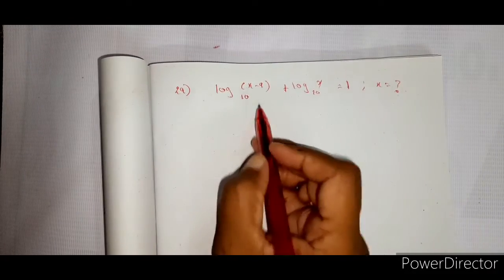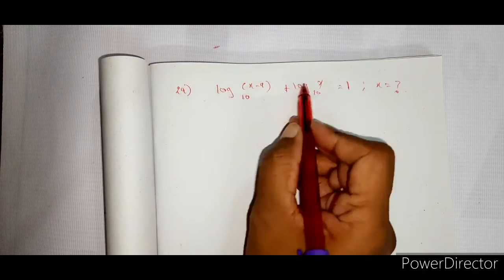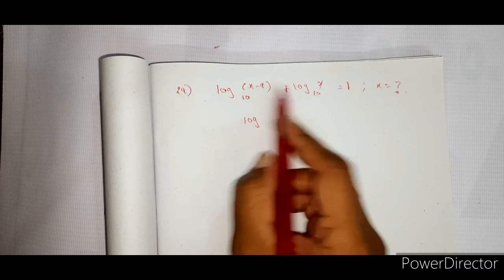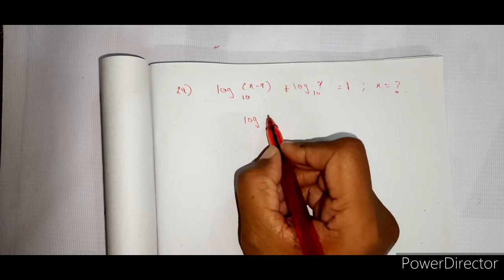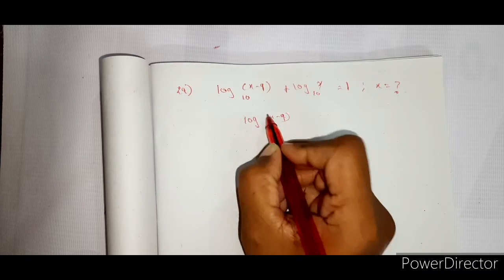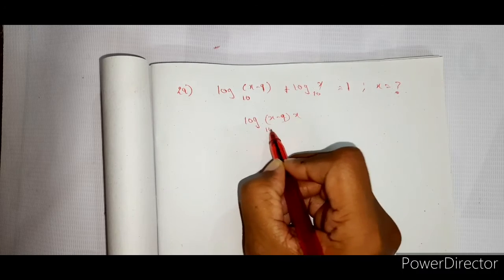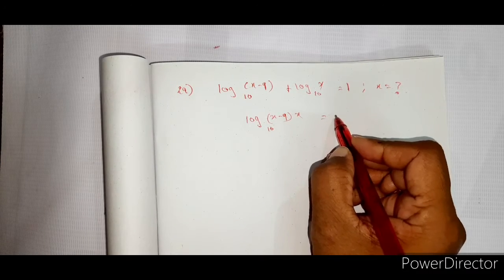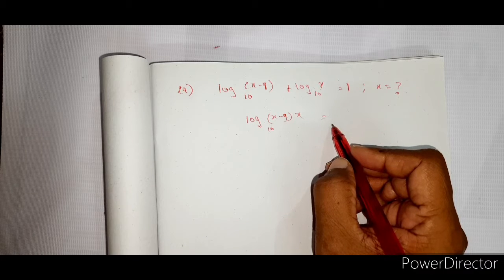So therefore, now log a plus log b is log of ab, right? So log of x minus 9 into x base 10 is equal to... what did he give?